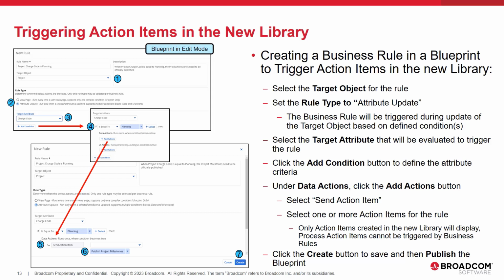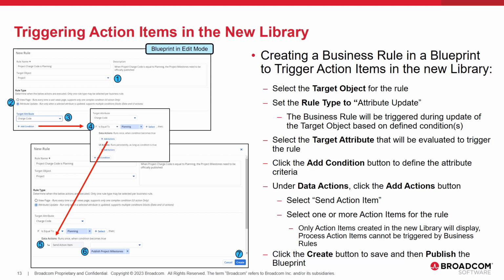Next, we're going to take a look at how these action items in the new library are actually triggered. In the blueprint, you'll either navigate to an existing business role or you'll create a new business role for the action item trigger. You'll enter the role and description if it's a new role, and you want to make sure that you have a target object populated.